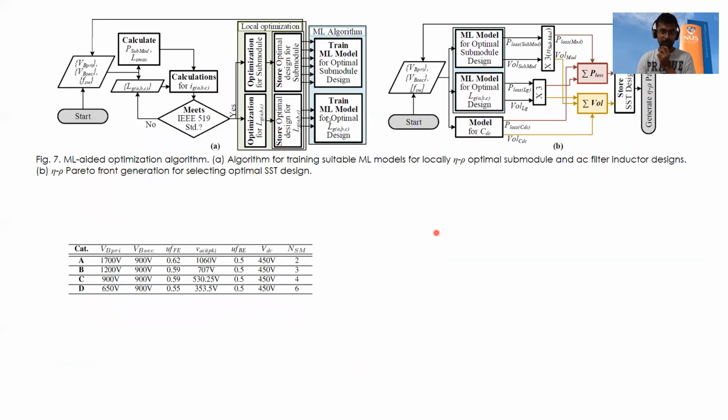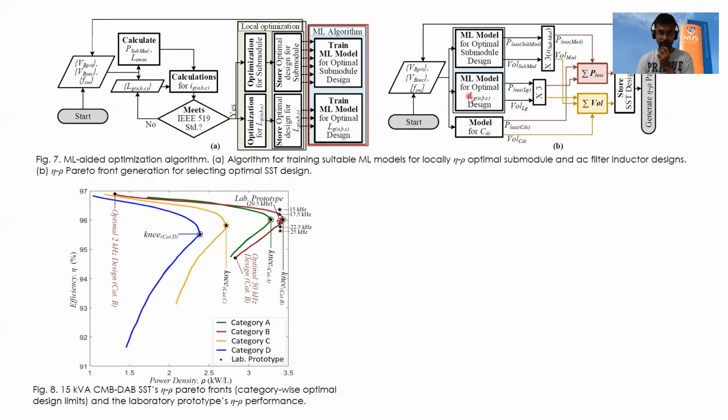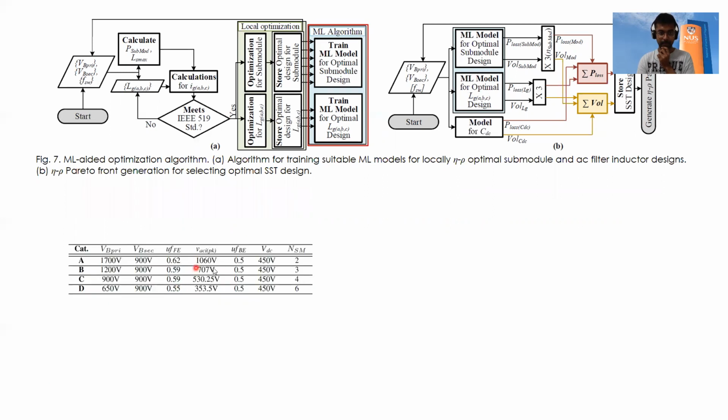So as you can see, after the local optimization, you would employ an ML algorithm here, and this ML algorithm would then train models that would help in the global optimization. So in various categories, the Pareto fronts are shown here, and the categories were previously defined here based on the VB primary and VB secondary.